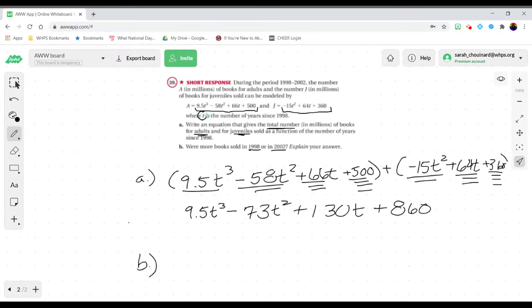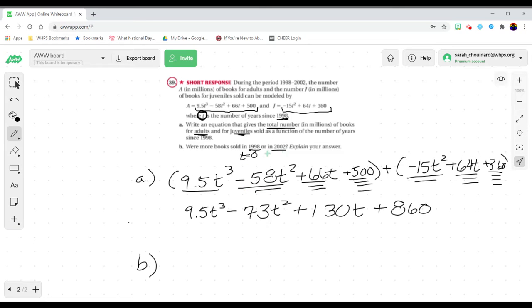Well, they told us up here, T is representing the number of years since 1998. So if I wanted to calculate how many books were sold in 1998, how many years is that since 1998? Well, it's 0 years. So for this one, T equals 0.